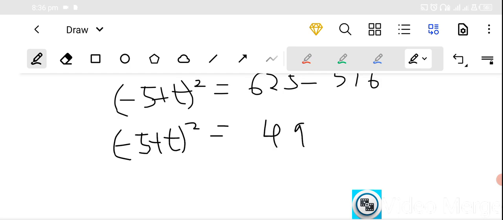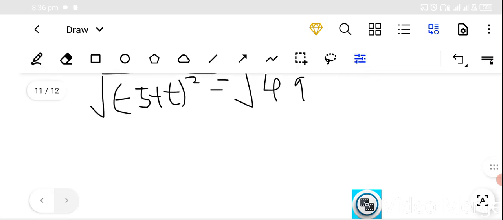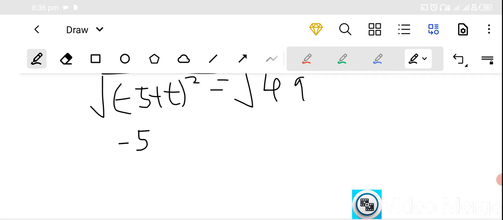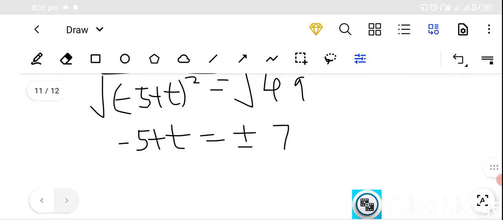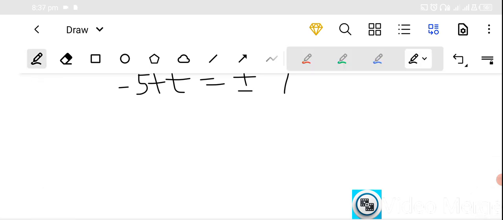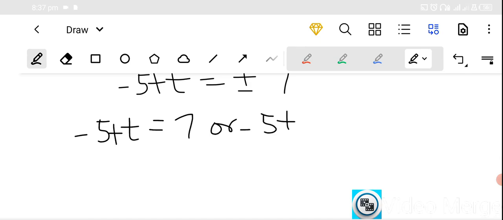Again, you square root. You're going to have negative 5 plus 8t is equal to plus or minus square root of 49, which is 7. The first solution would be negative 5 plus t is equal to 7, or negative 5 plus t is equal to negative 7.